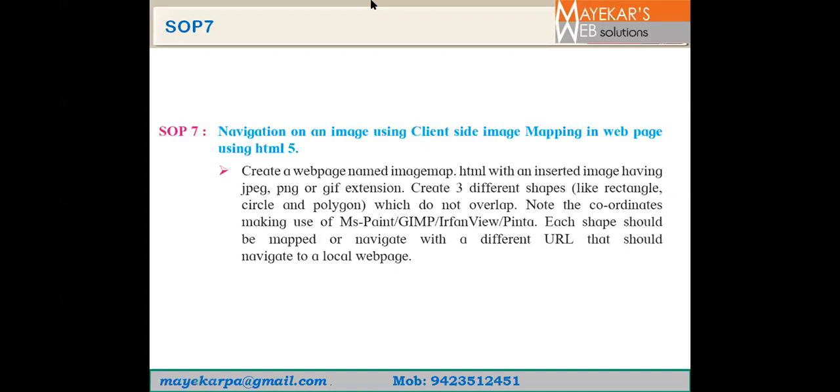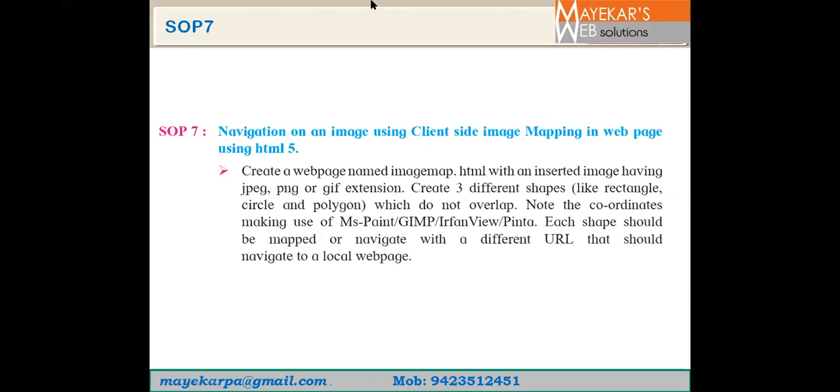It is the number of hyperlinks we can create on a single image. Normally in 11th standard, we studied how to insert an image on a web page, and how we can create a hyperlink to that image just by using the a tag.